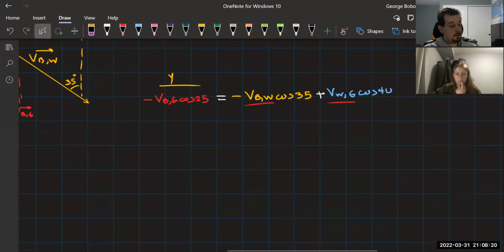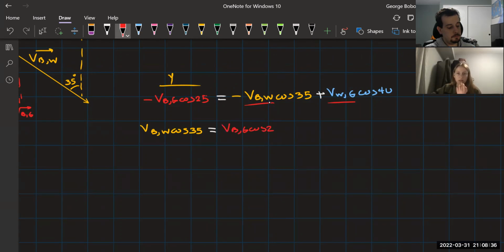And the same over here. Isolate this one by taking it there and bringing this one here. VBW cos 35 is VBG cos 25 plus the blue one.